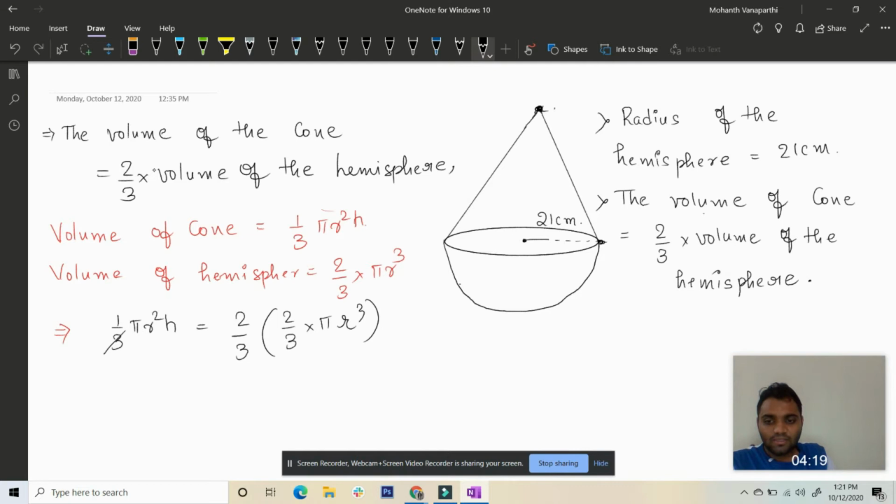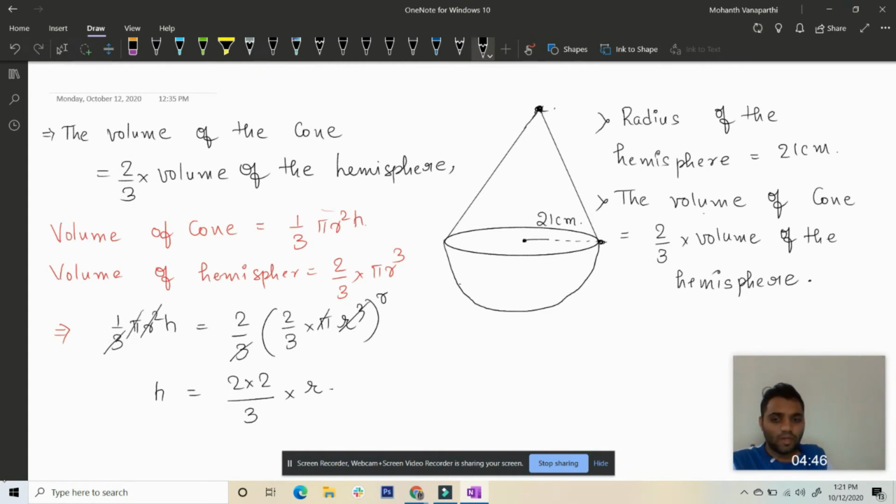I can cancel 3 and 3 on both LHS and RHS, and also pi I can cancel. And if I divide r cube by r square, I will get r as a result. So finally we will be getting h is equal to 2 into 2 divided by 3 into r.